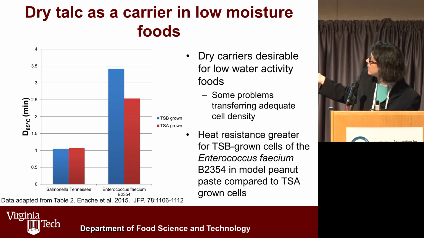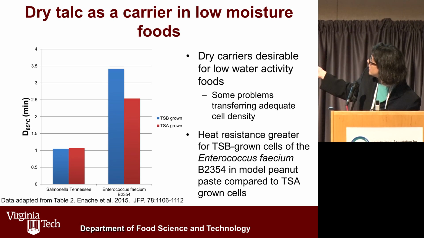They compared Salmonella Tennessee versus the Enterococcus faecium. And while for Salmonella Tennessee, under their conditions, there wasn't a difference based on inoculation preparation and the inactivation, there was a difference for the Enterococcus faecium, B2354.